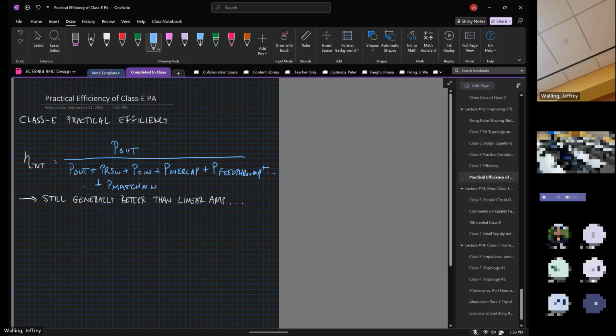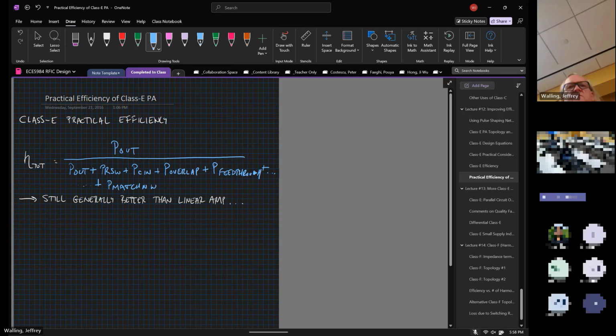Now, even though we added all of these non-idealities, this is typically still going to be better than you can do with a linear power amplifier, because CMOS is good at switching for the most part. It does have relatively low parasitics, even though we're making giant power transistors. So you can expect to see efficiencies for RF amplifiers in the 60 to 80% ballpark for just a switching amplifier by itself. Depends on the power range and the frequency you're operating at, of course.